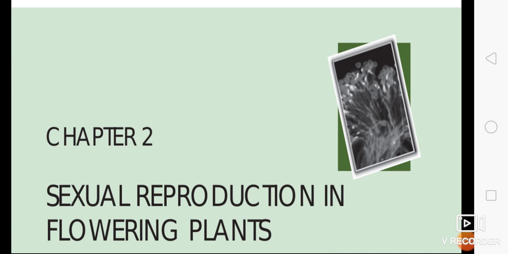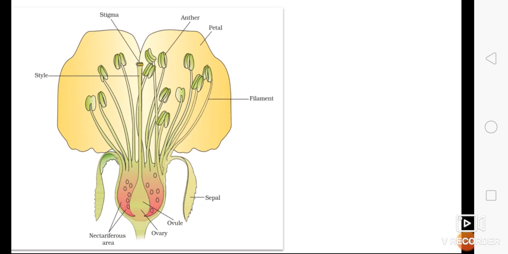So we have to learn the structure of flower. This is the diagram showing cross section of a flower. In flower, different parts are arranged as whorls. Whorls means circle.